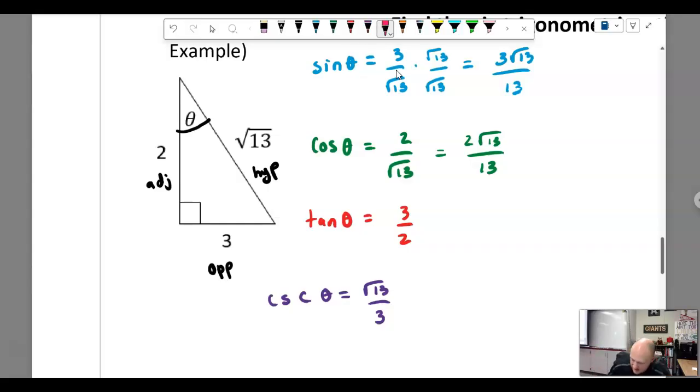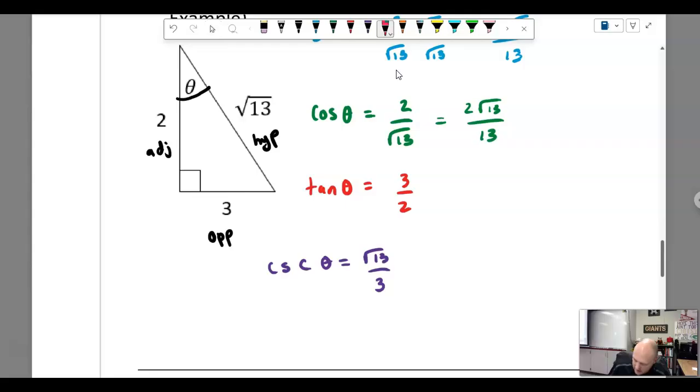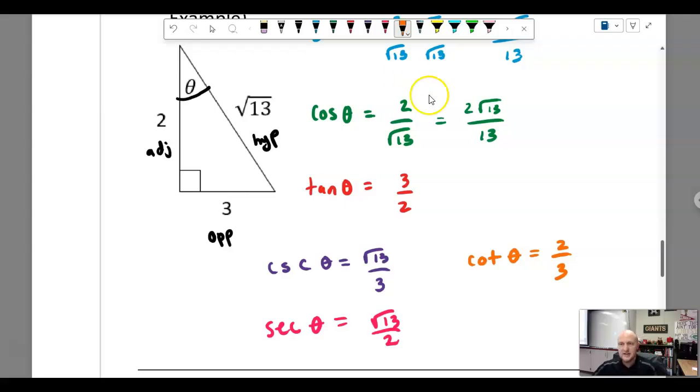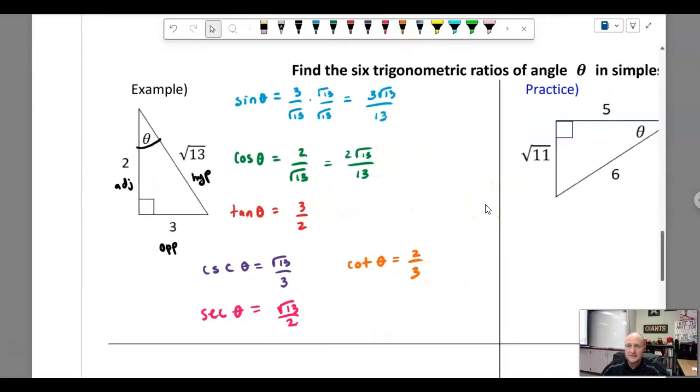Hey, that's beautiful. Okay, and then secant theta is the reciprocal of cosine: square root of 13 over 2. And then last but not least, cotangent of theta, 2/3. Okay, there you go. Pretty straightforward, pretty simple.